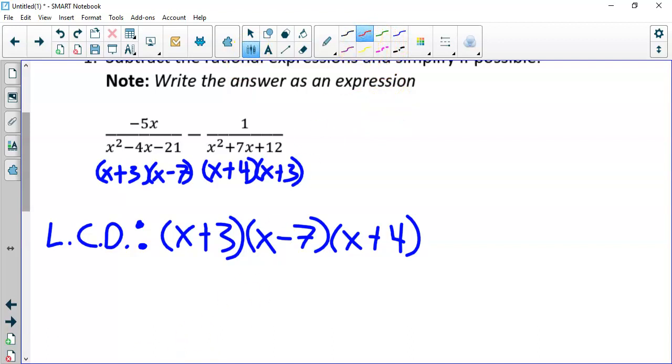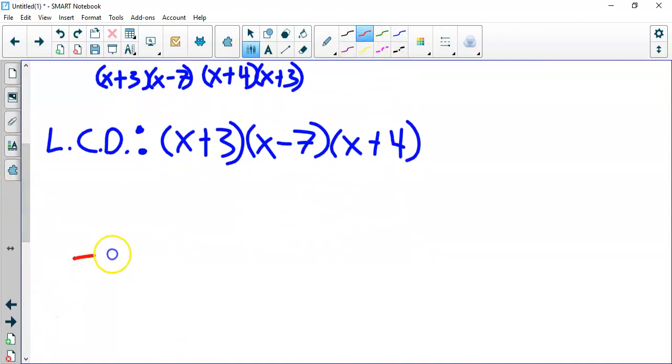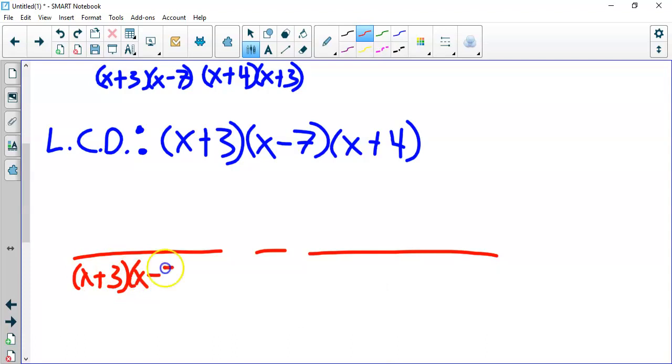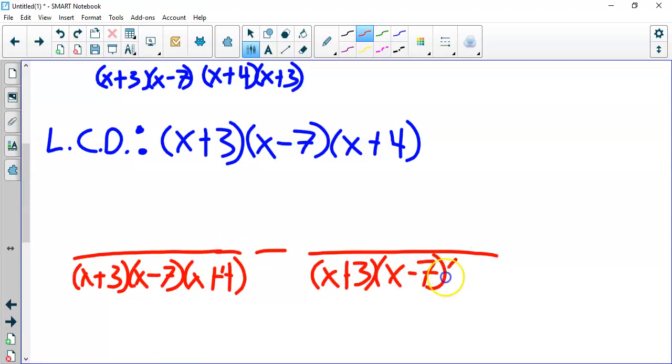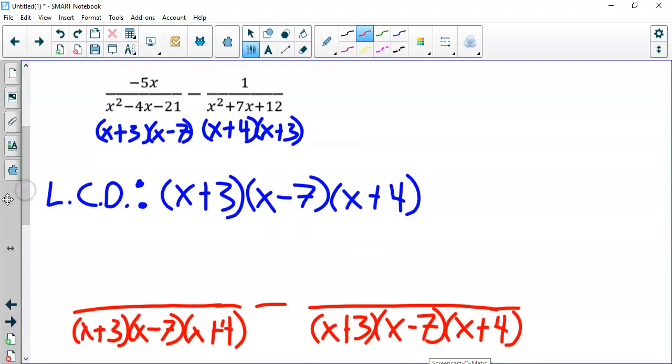Now we can start writing our fractions, because both denominators are going to have x plus 3, x minus 7, x plus 4. We just need to adjust whatever's missing. So here's my current denominator.